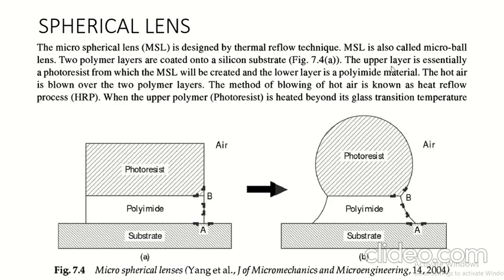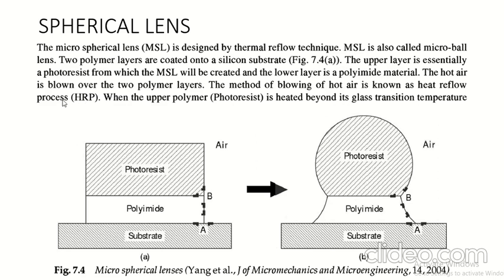The upper layer is essentially a photoresist from which the microspherical lens will be created, and the lower layer is a polyimide material. The hot air is blown over the two polymer layers. The method of blowing hot air is known as heat reflow process.